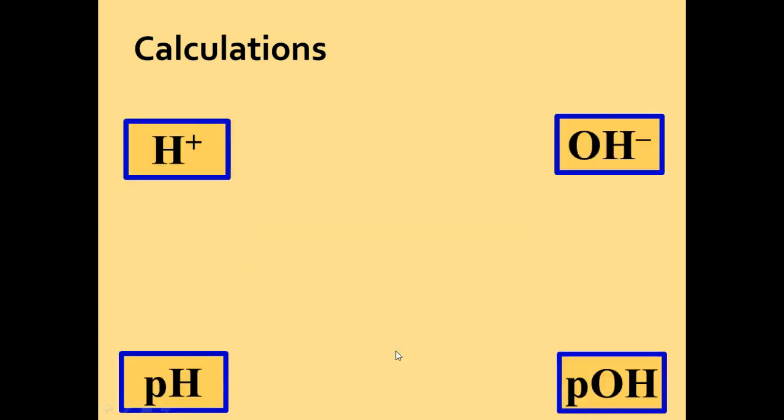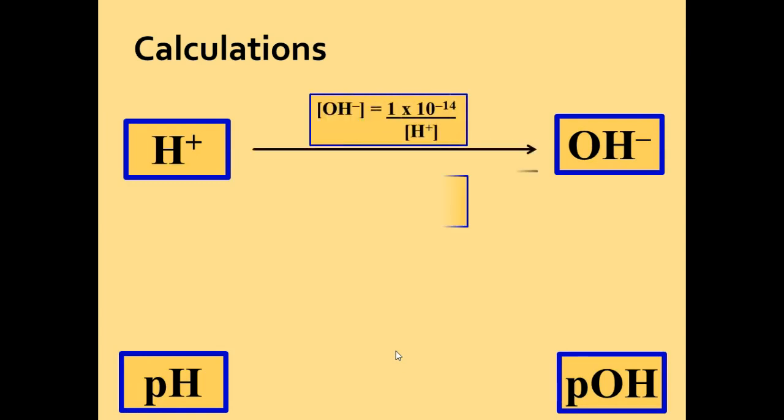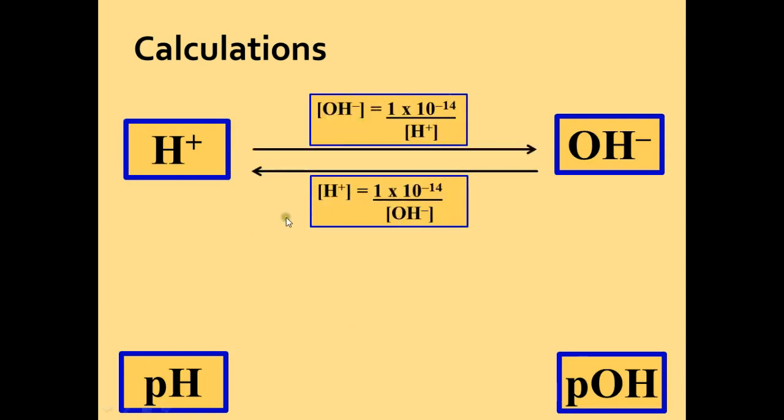And so here's a diagram relating all the different terms, the numbers we have, and relating them to each other. So if you want to convert from H plus to OH, you know how we learned the auto-ionization of water. So when you find OH, it equals 1 times 10 to the negative 14th divided by this concentration, and then the exact opposite for the other one, to calculate from OH to H plus.